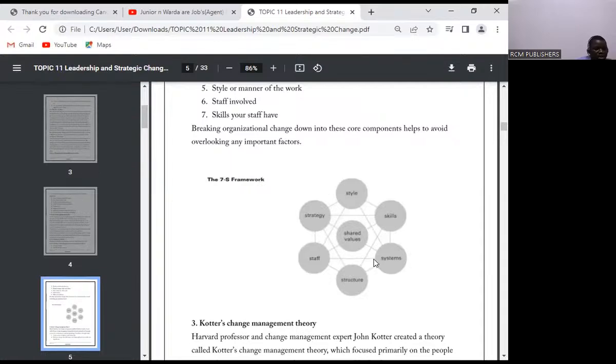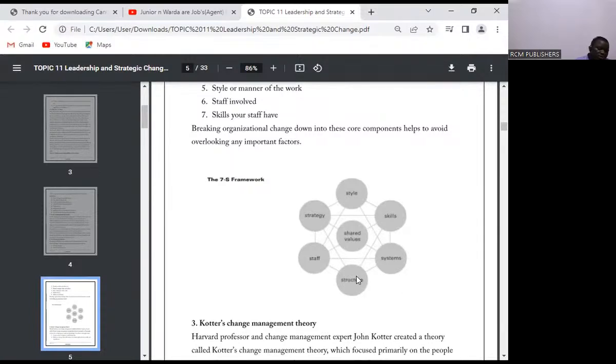Next one is the system. System means that there is some interconnection. There are certain elements or components which are working together to achieve a certain common objective. So we must do proper analysis and look at our systems. Are they efficient? Are they effective in contributing to the organization's objective? Then we have the structure.